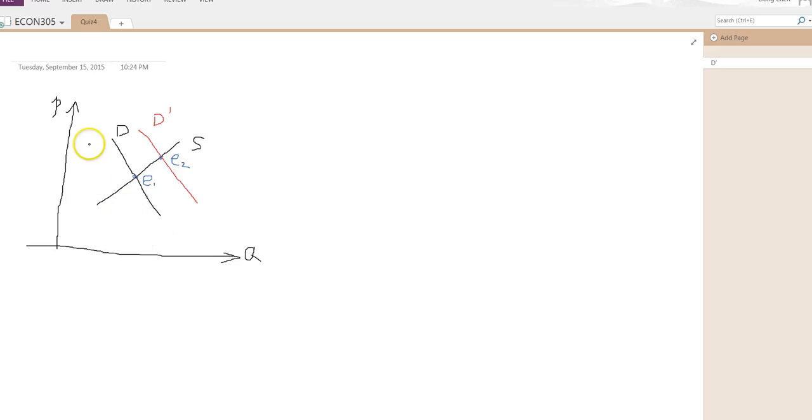And conversely, if we have a negative demand shock, which means that somehow people start to decrease their demand, then exactly opposite effects should take place, right? So for D prime here, the new equilibrium is right here. We have E3. Compared with E1, E3 has both a lower price and a lower quantity. So that's a demand shock.